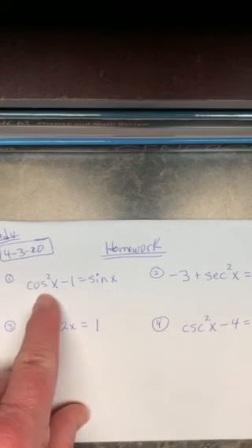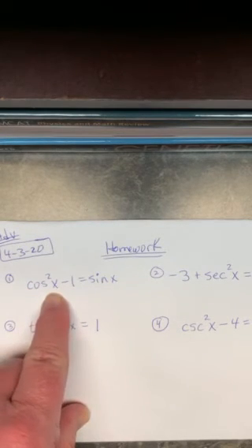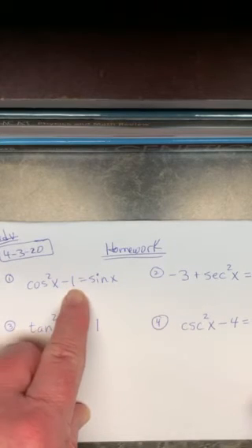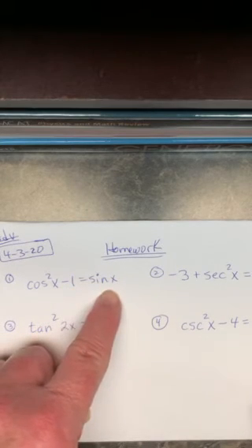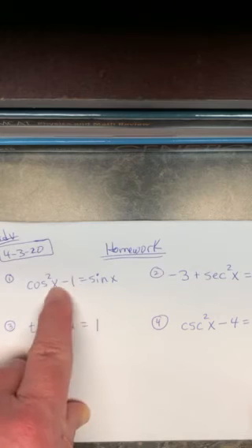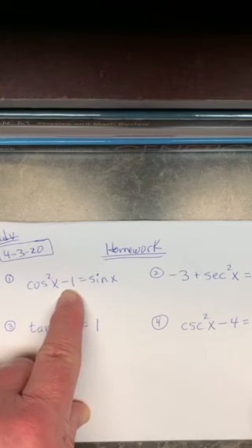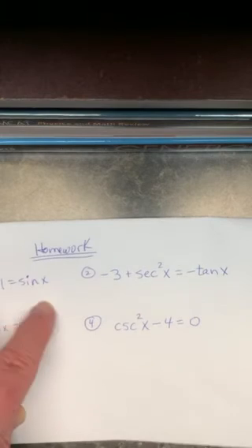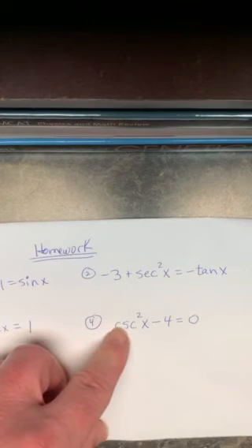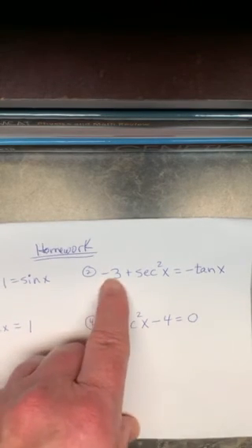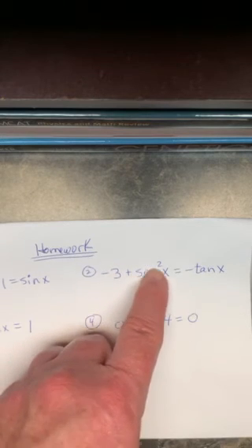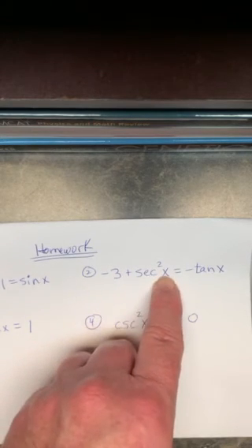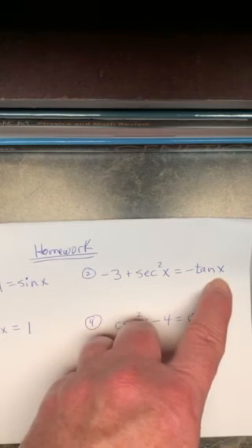First one, cosine squared x minus 1 equals sine of x, almost identical to what I did on my first problem today. Remember, if you get stuck, you can always go back and rewatch parts of the lesson I just presented. Question 2, again, looks very similar to what I just did: negative 3 plus secant squared of x equals negative tan of x.